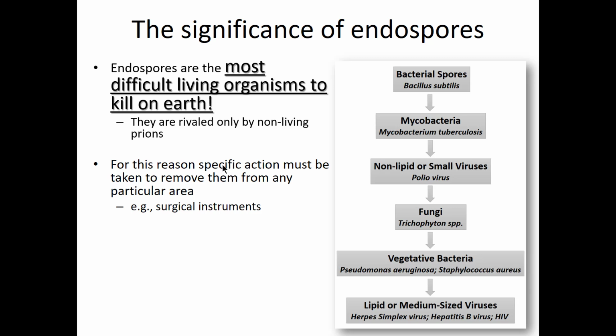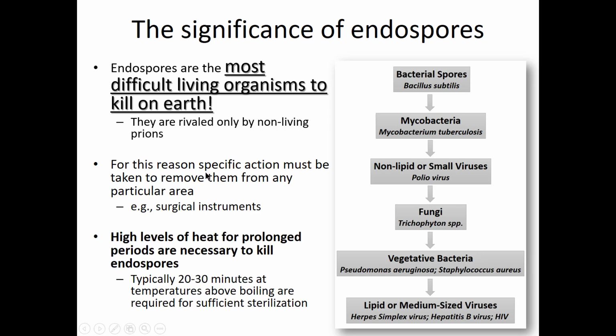In other words, if it wasn't for the presence of endospores, microorganisms would be a lot easier to kill. But because endospores are always mixed in with other kinds of microorganisms, in order to truly sterilize something, you have to take it to an entirely different degree just to kill the endospores, because they're so much more difficult than everything else. This is almost always accomplished by high levels of heat for prolonged periods of time.